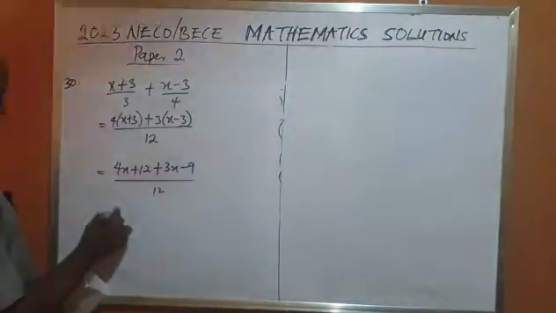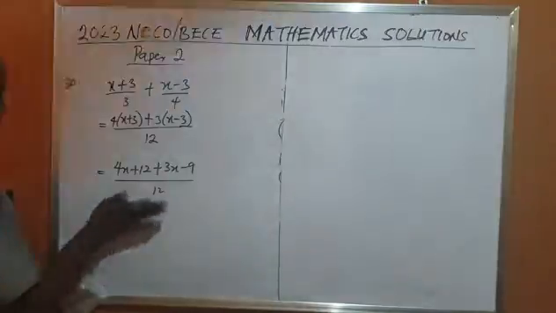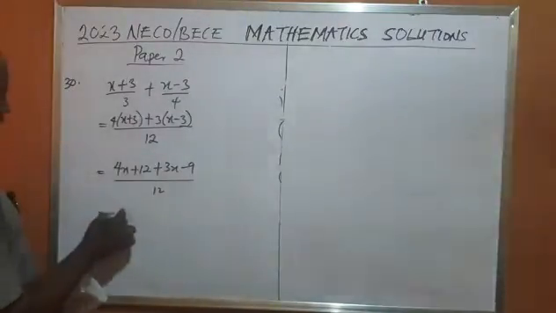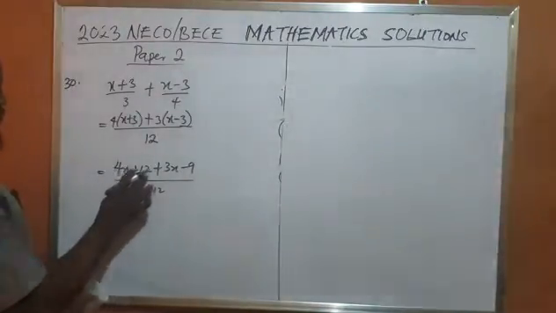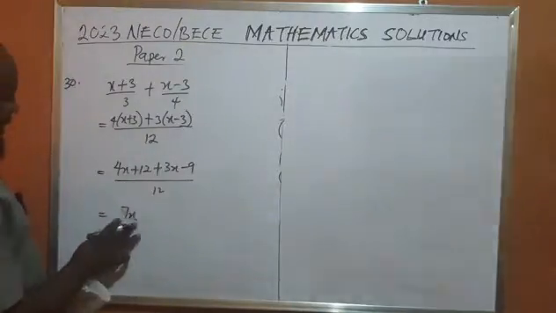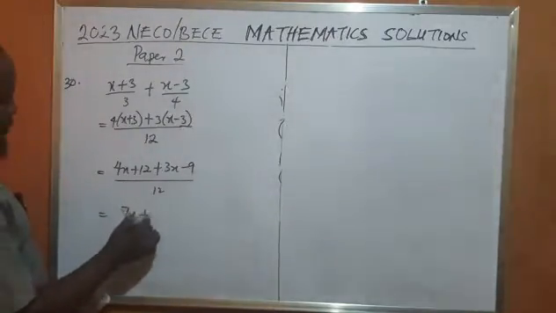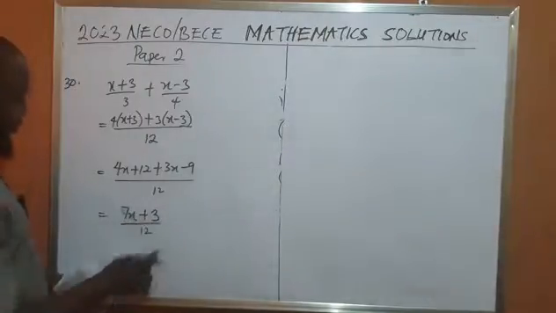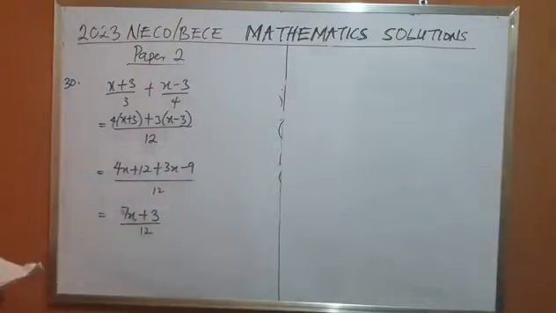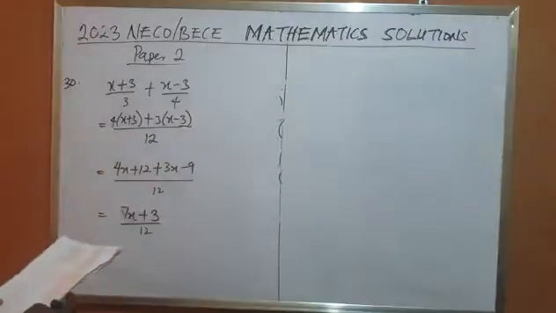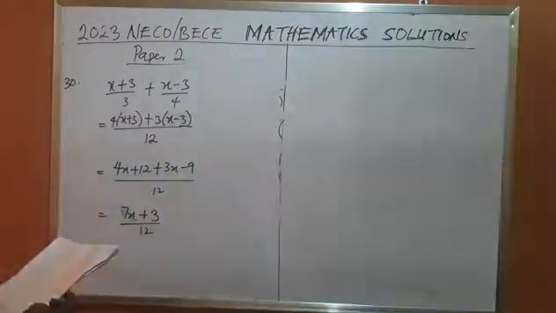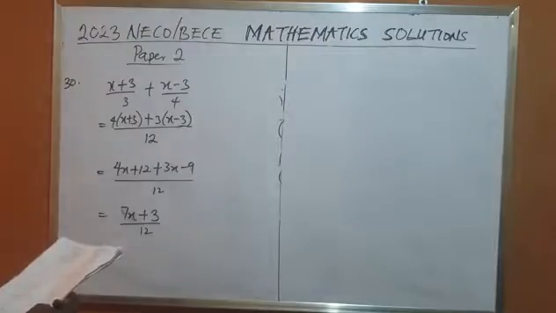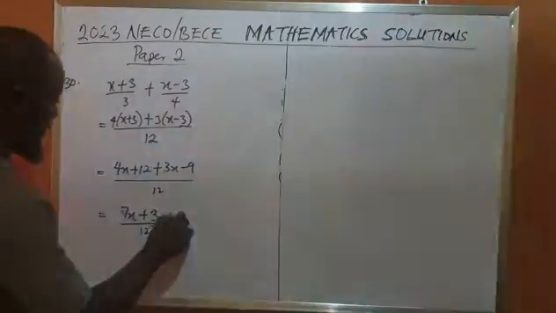So let's collect like terms. 4x plus 3x is 7x. 12 minus 9 gives plus 3, everything divided by 12. There's nothing we can do again, so this will be our answer: 7x plus 3 divided by 12. That's option D.